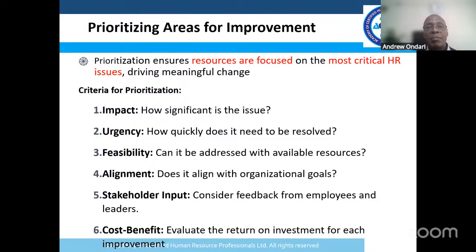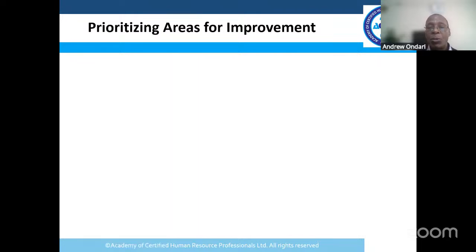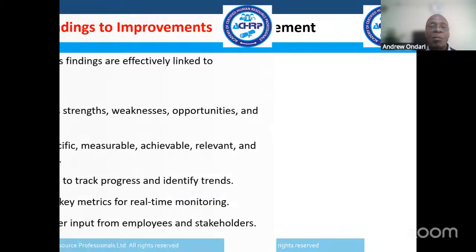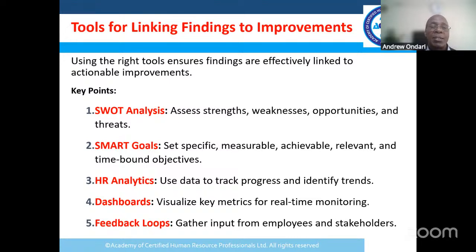I'm not sure whether anybody has a question related to the tools that I have mentioned before I move on to the next slide. Any question or a comment?